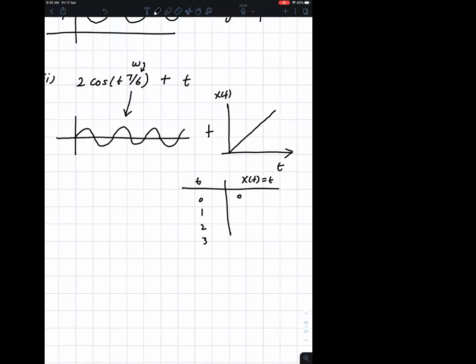You vary t from 0 to infinity. You're also going to get the output that varies from 0 to infinity. If you plot that, you're going to get a ramp. Do you guys understand? These are the basics in signals and systems. If you're not sure, you should sketch them out and see.